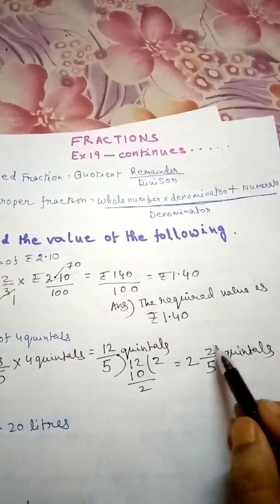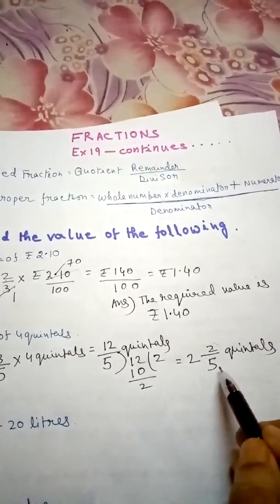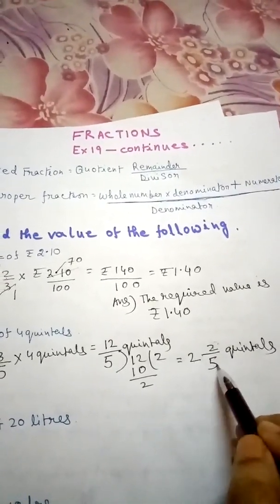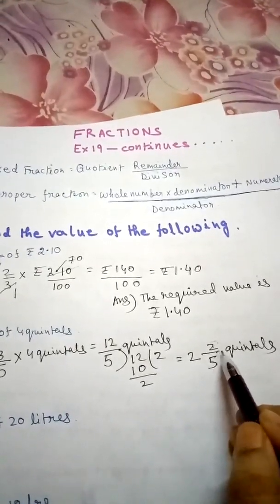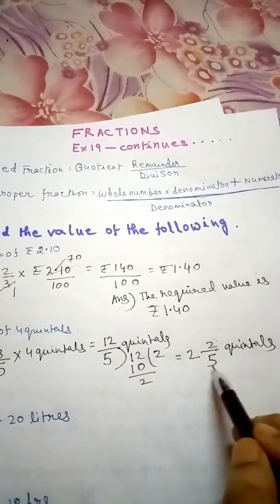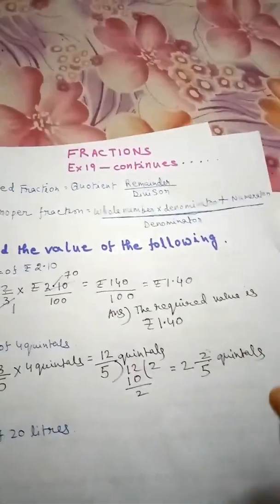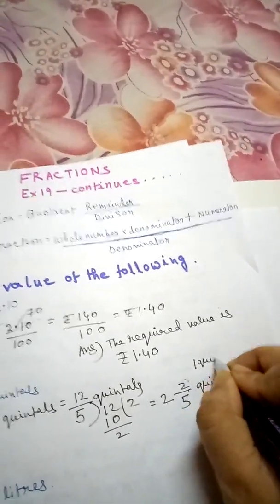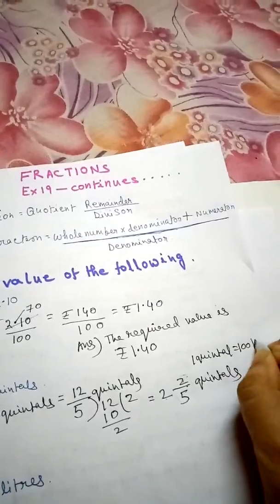Now this is not complete. See, this 2 by 5 quintals. So what is my answer? 2 whole number 2 by 5 quintals. This fraction 2 by 5 quintals, I have to convert this into kg. I will not keep it in the form of fraction. I will convert into kg. So we know that 1 quintal equal to 100 kg.